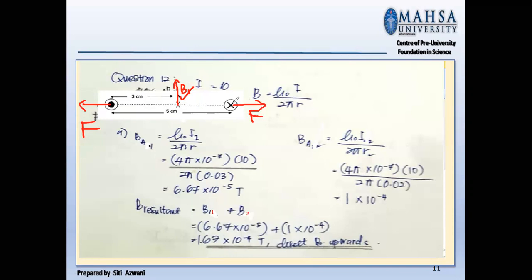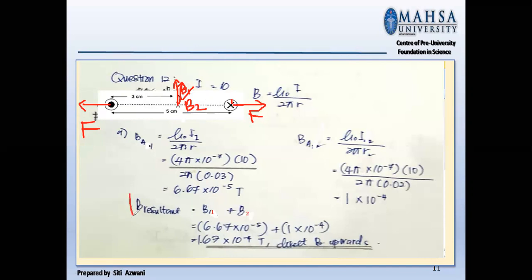First finger is going up. So you need to show that on point A. So you have B2 here. So see, the B direction due to wire 1 and due to wire 2 are both going up.